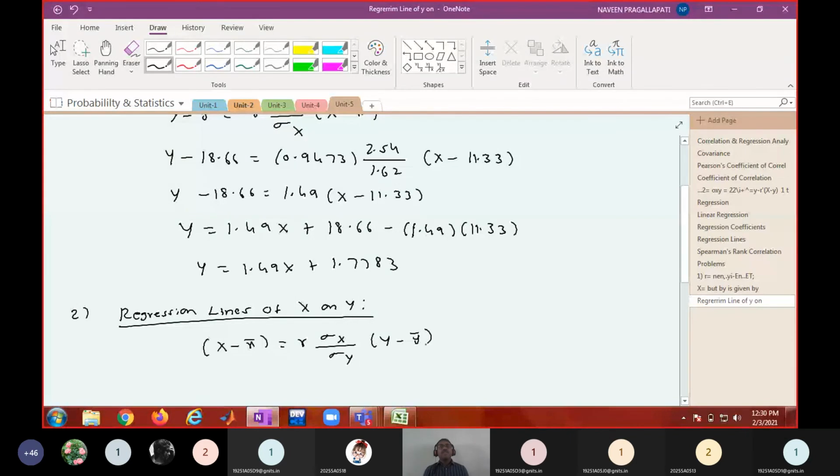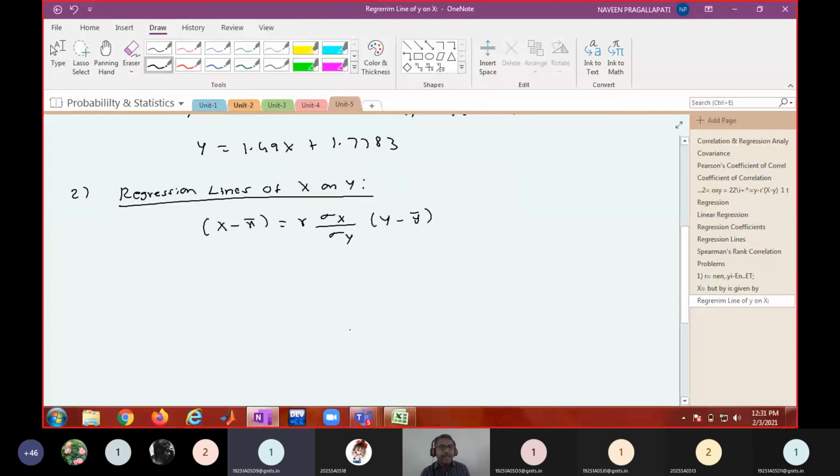Initially, in method 1 we computed the regression lines first, then the correlation coefficient, and in method 2 we computed the correlation coefficient first, then using that we computed the regression lines. Do you understand the difference between these two methods? Depending on the problem, you apply the proper method.